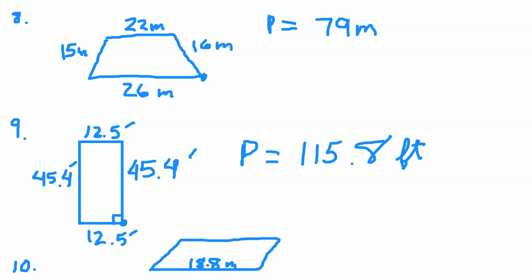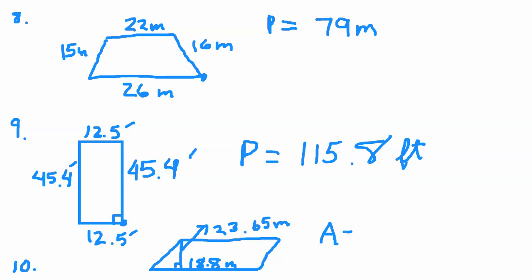Now be careful, you need to label the height as coming straight down from one vertex perpendicular to the opposite base. Okay, so this height is 23.65 meters, and we're asked on this problem to find the area of the parallelogram.